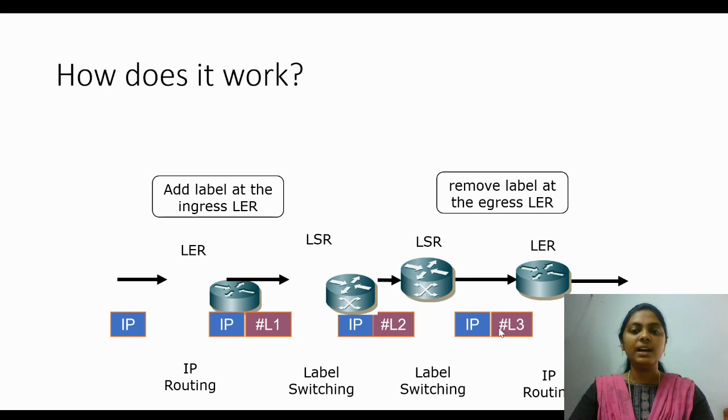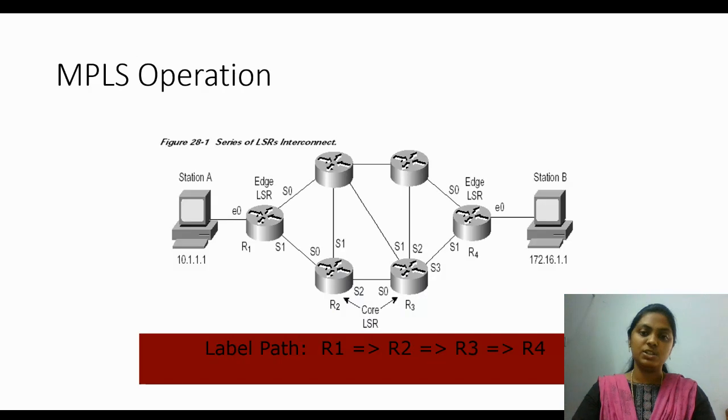In that, L2 is removed and a new label L3 is attached and forwarded to the last point. This is the egress edge router, the label edge router. It removes the label and sends only the IP packet to the destination.